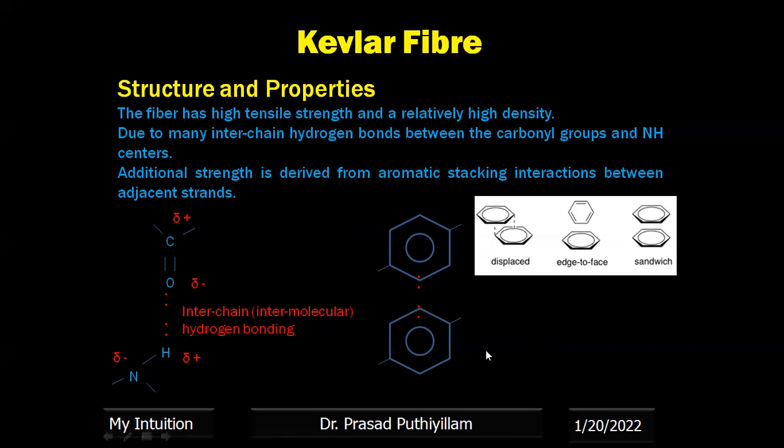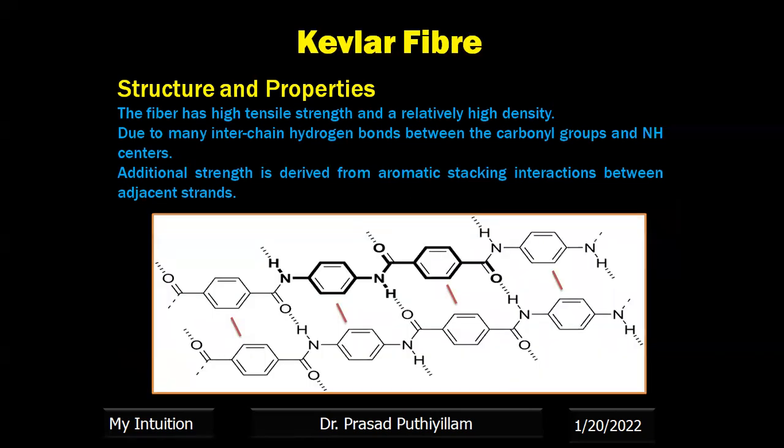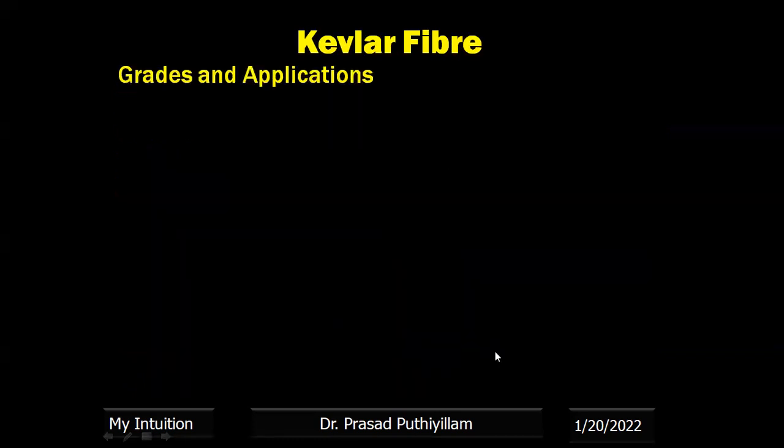The extraordinary property of Kevlar is due to the intermolecular hydrogen bonding as well as the aromatic stacking interactions. Okay, now that is represented here between two polymer chains. Between oxygen and hydrogen, there is hydrogen bonding, and between the benzene rings or aromatic molecules, there is aromatic stacking interaction.